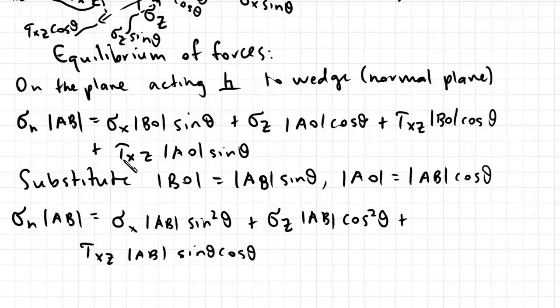So that's this term and then the second term here, so plus again tau xz AB sine theta cosine theta.